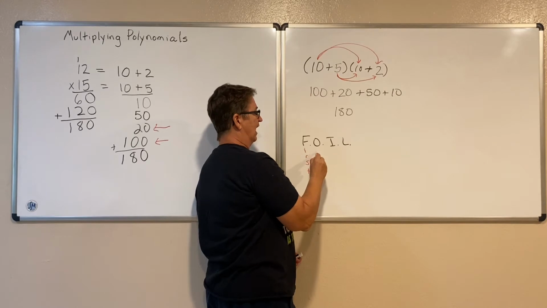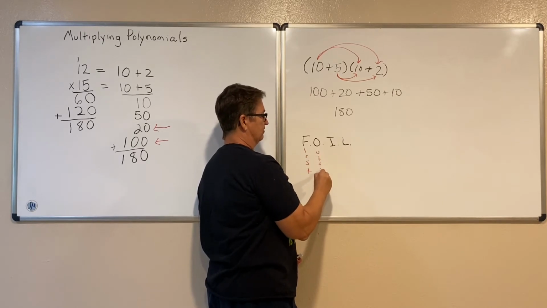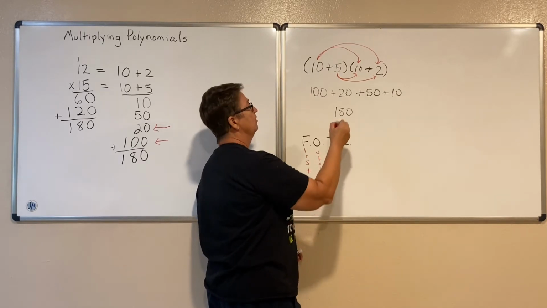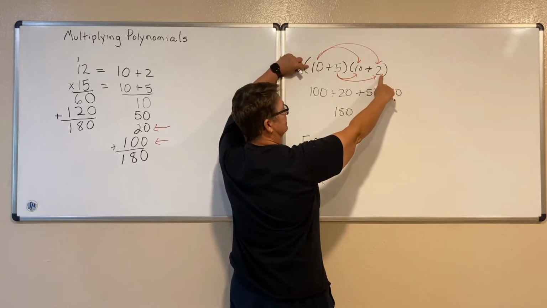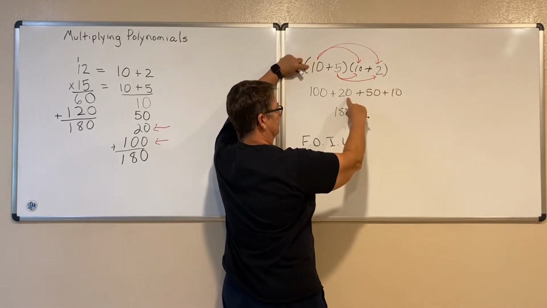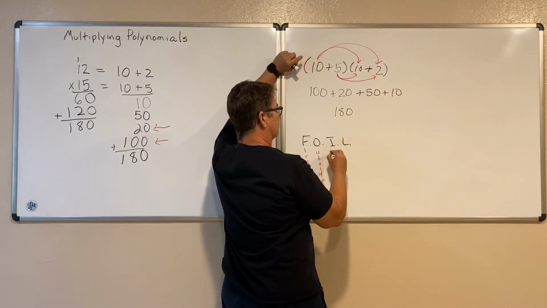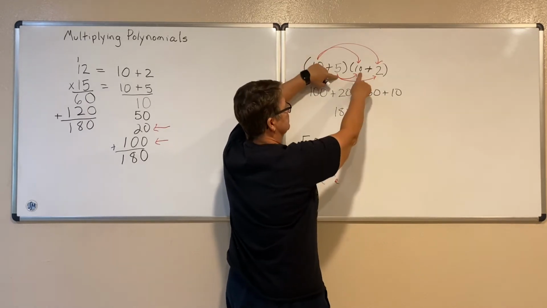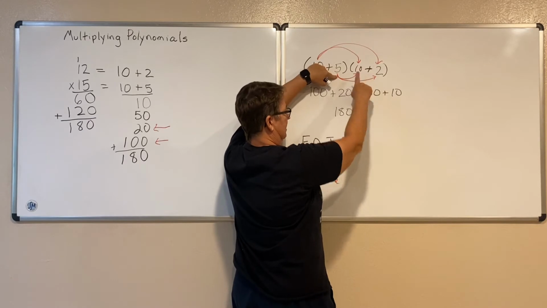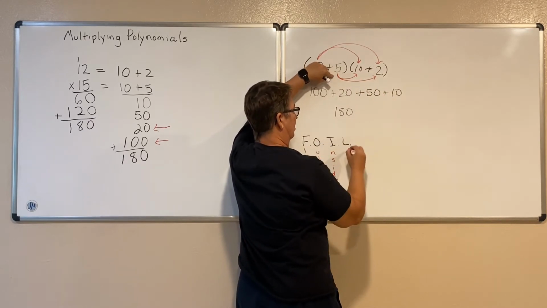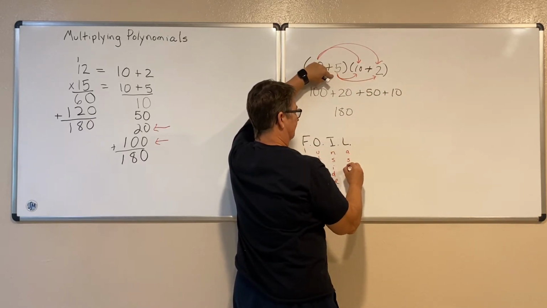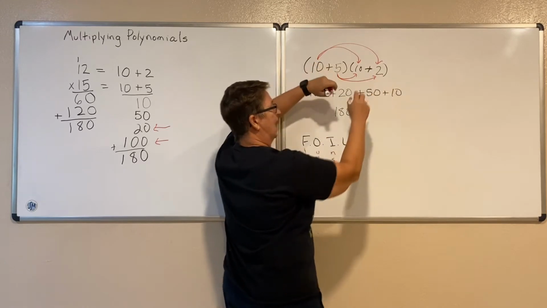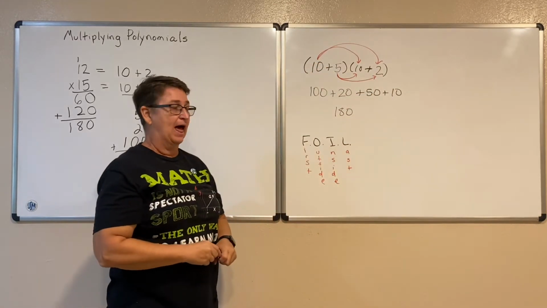The O stands for outside, so I'm multiplying the outside numbers together next. The I stands for inside. So I multiply the inside numbers together next. And then the L stands for last, because I'm going to multiply those last numbers together last.